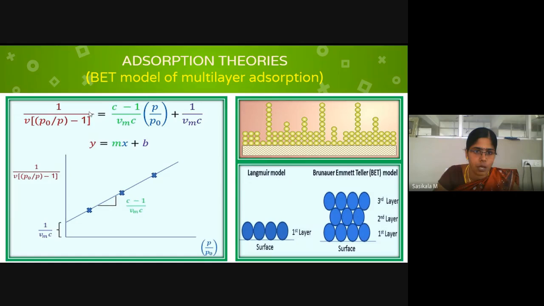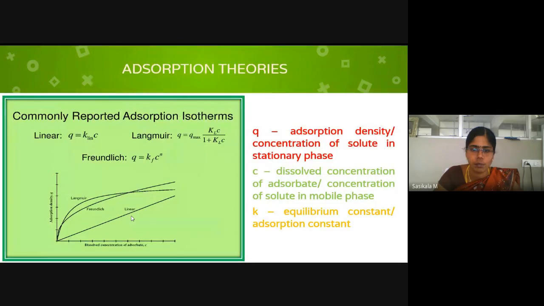So the formula is applied for multiple layer adsorption, and P0 and P represent vapor pressure of the gas. From the graph you can calculate vapor pressure and these values. Concentration and velocity can be calculated, meaning at what speed the molecules are getting adsorbed, and from the graph slope and intercept are calculated. This is the BET model. You have to remember only this equation and the concept of BET theory. It is applicable for gaseous molecule adsorption. So in gas chromatography this theory will be followed, whereas other theories will be followed for other column chromatographic techniques.